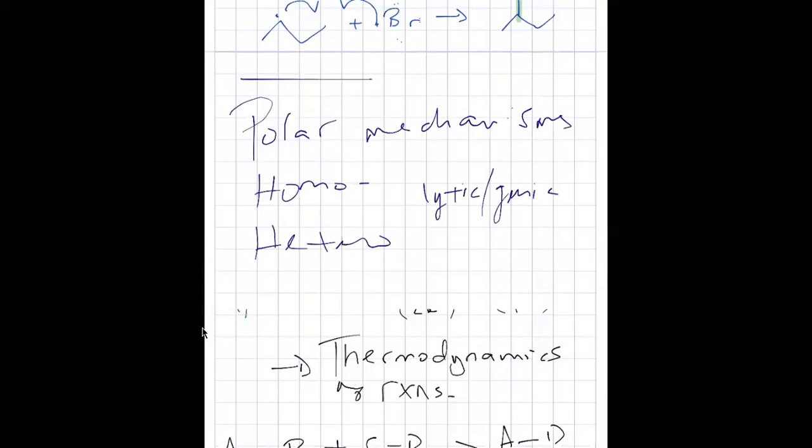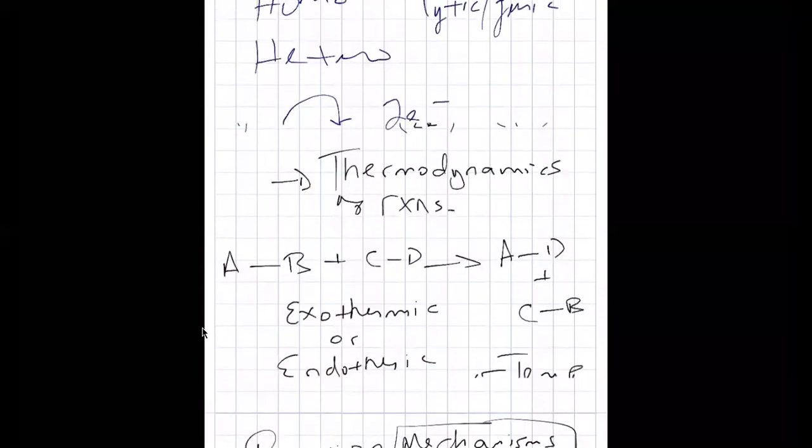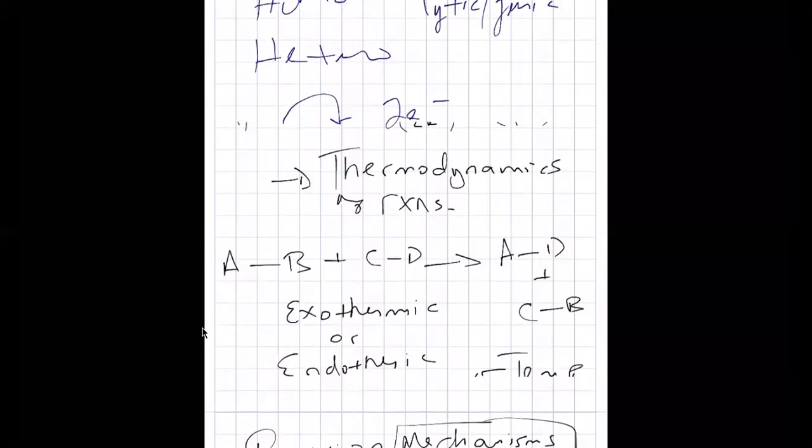And we talked about the fact that when you do a polar mechanism, you're moving 2 electrons at a time, right? It's always one atom giving 2 electrons, or one atom accepting 2 electrons. All right.